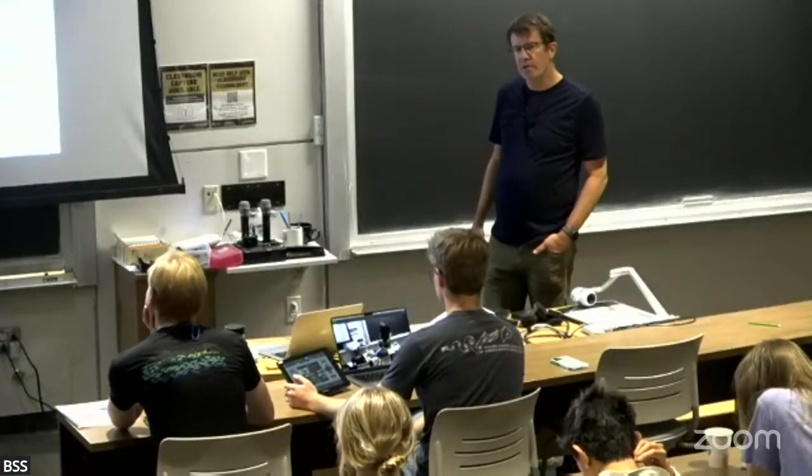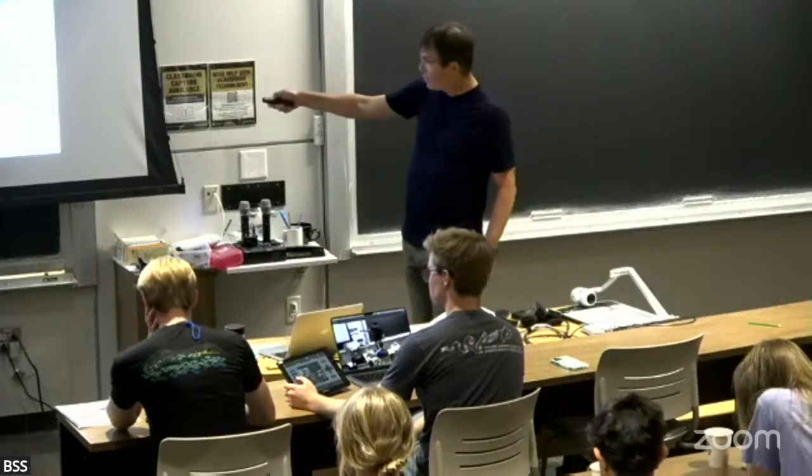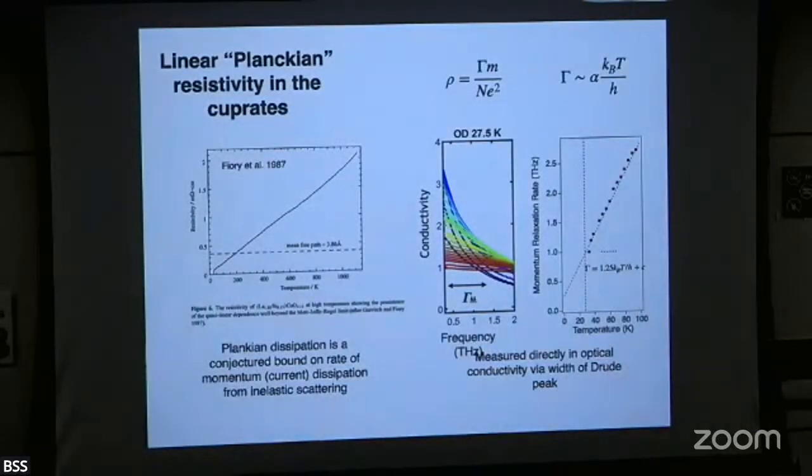So we've done some work with this, and one of the nice things about terahertz spectroscopy like this is that we can get this rate making almost no model assumptions. There have been papers where they measure resistivity and then extract the density through the Hall effect, which we can believe or not believe, but it's certainly very model-dependent, and then put in some value for the mass to get gamma out. You make a bunch of assumptions, assuming that you can measure the density accurately through a Hall effect, which you probably can't.